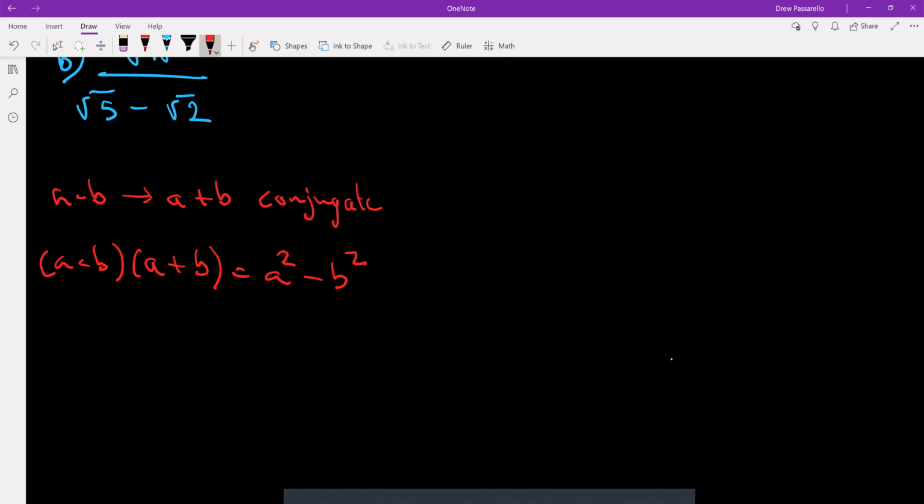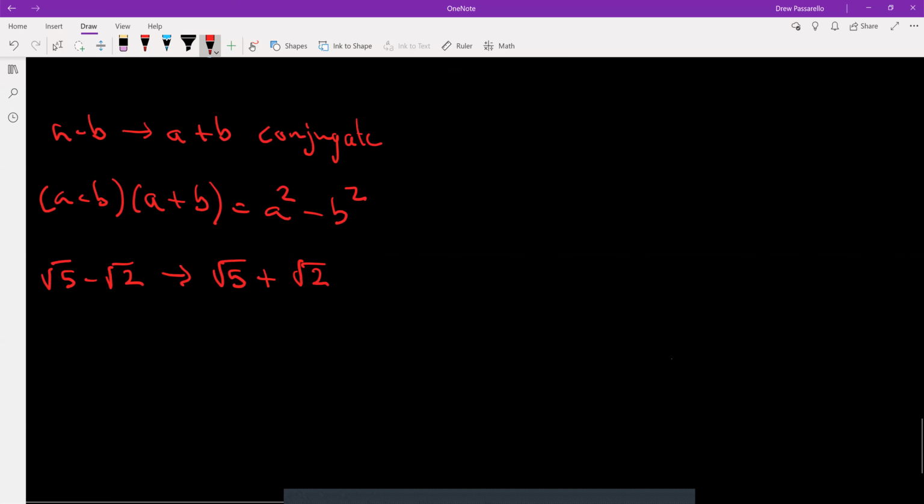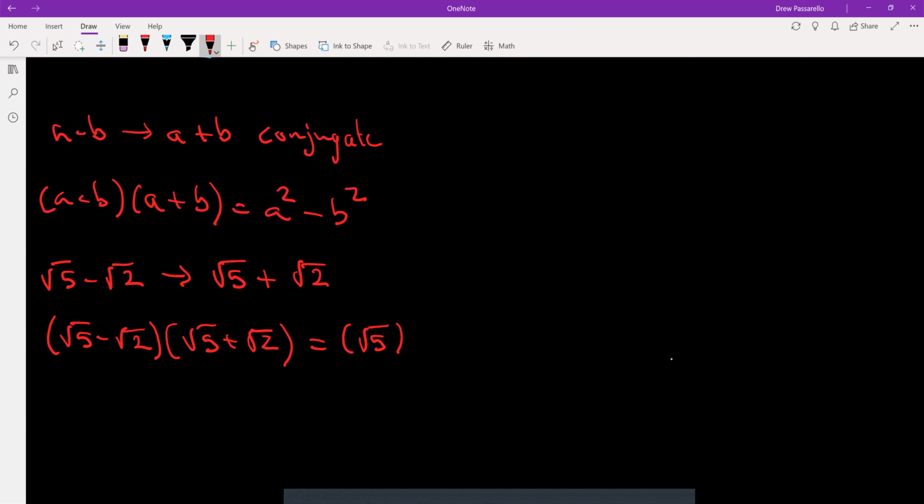So for square root of 5 minus square root of 2, its conjugate is square root of 5 plus square root of 2. So when I do square root of 5 minus square root of 2 times square root of 5 plus square root of 2, that turns into square root of 5 squared minus square root of 2 squared.